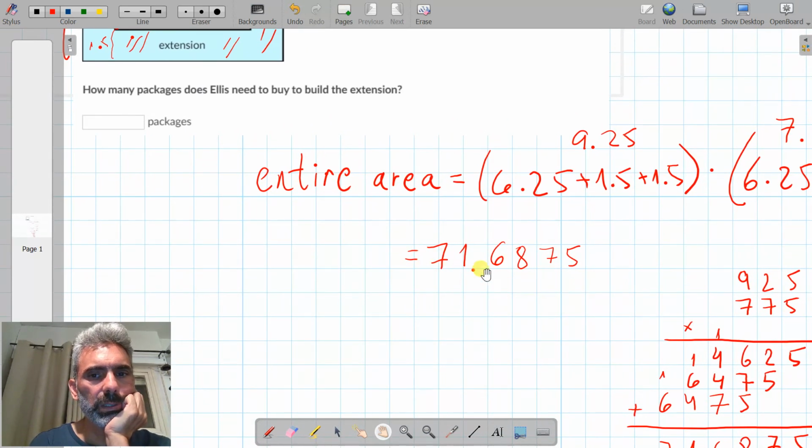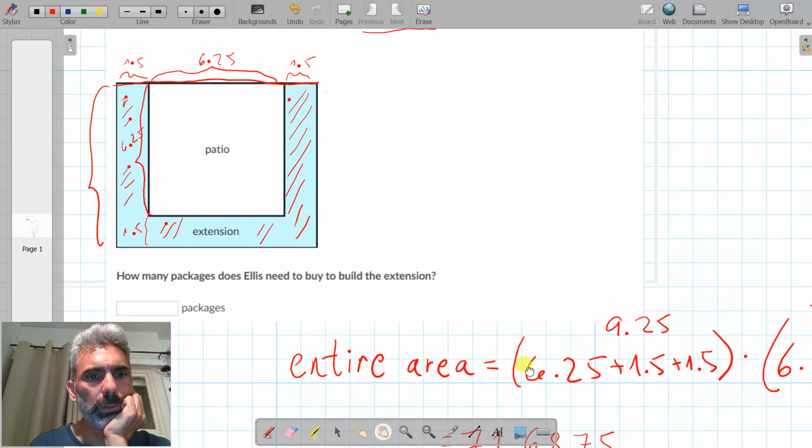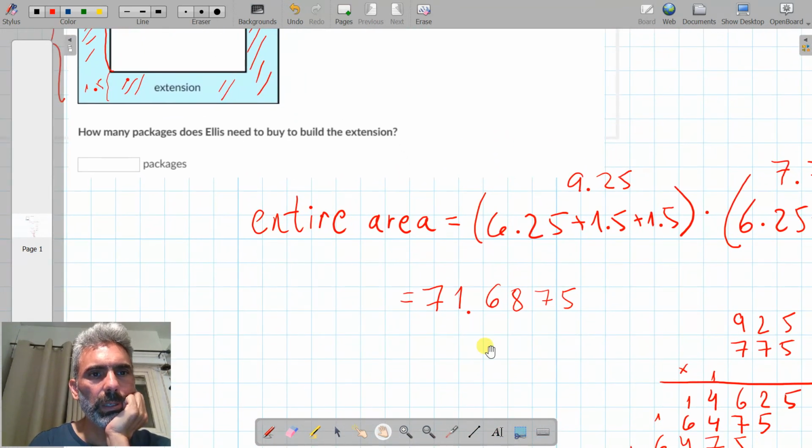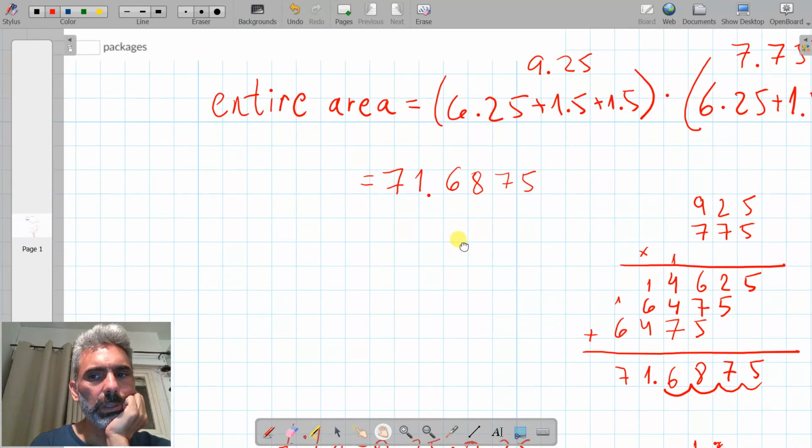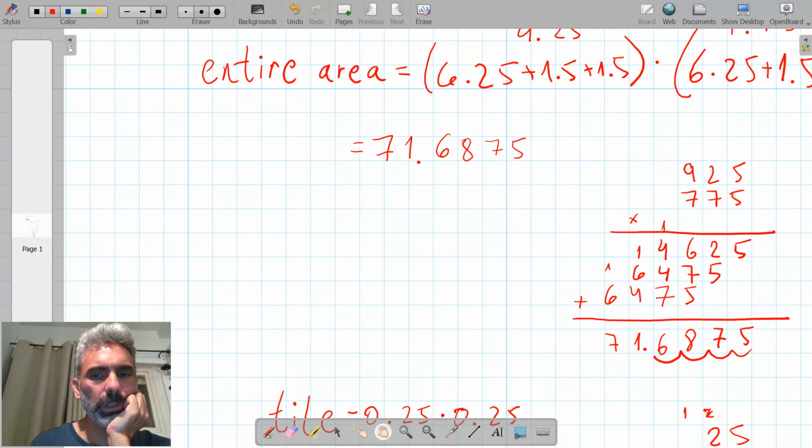So from this area, which is the entire area of the patio and the extension, I need to subtract the area of the patio. Okay.